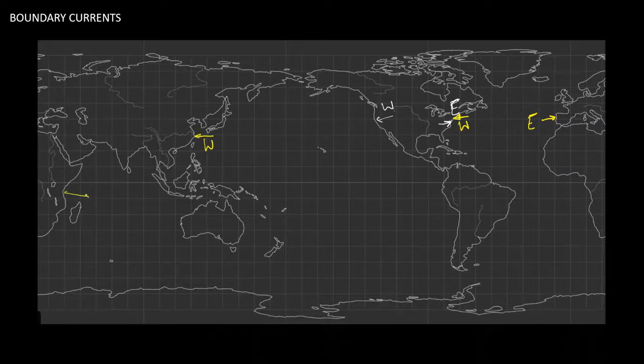This is the western side of the Indian Ocean, and they are coinciding with the eastern side of landmass, the eastern side of Africa, like that. So always remember, when we are talking about boundary currents, never get confused when I use words like western boundary current and eastern boundary current, that they have specific meaning.